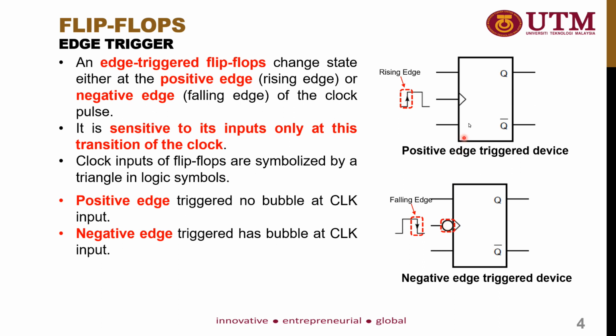In this diagram, it means that the output of the flip-flop will change at each rising edge for a positive edge triggered device, and the output of the flip-flop will change only at the falling edge for a negative edge triggered device. So you must understand the term edge trigger. It is triggered only at the edge, either rising edge or falling edge.